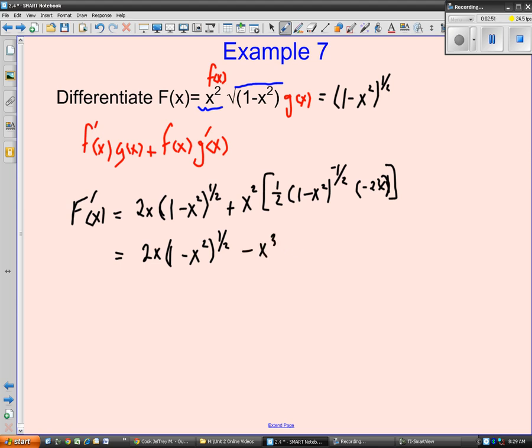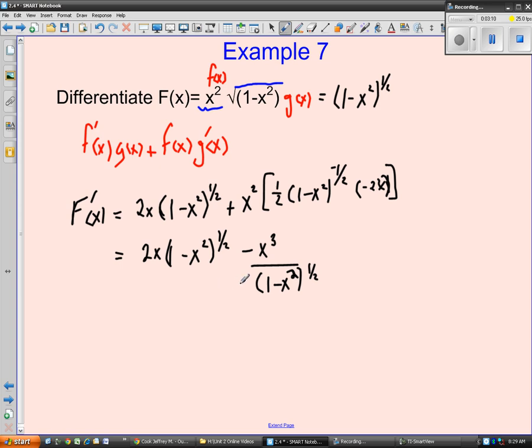And then all of this goes over 1 minus x squared to the 1/2 power. This doesn't help me very much at this point, because I still cannot find where there might be vertical asymptotes or horizontal tangents or anything like that.